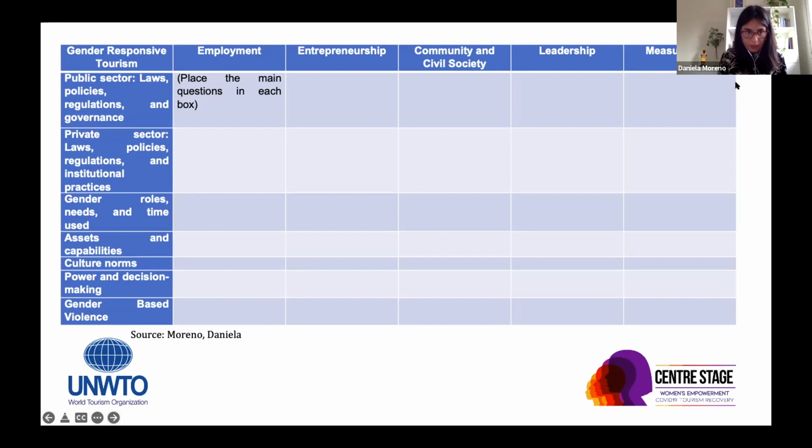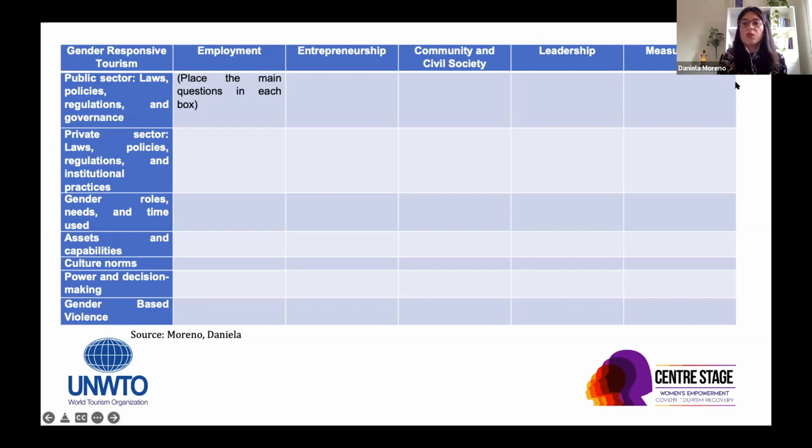6 domains of analysis. The first domain is public sectors. Here we have the law, the policies, the regulations, and governance as well. When we talk about the public sector, we are talking about the main tourist institutions that create policies tailor-made for tourism. But since tourism is a mainstream activity, it is quite linked to other public sectors, right?